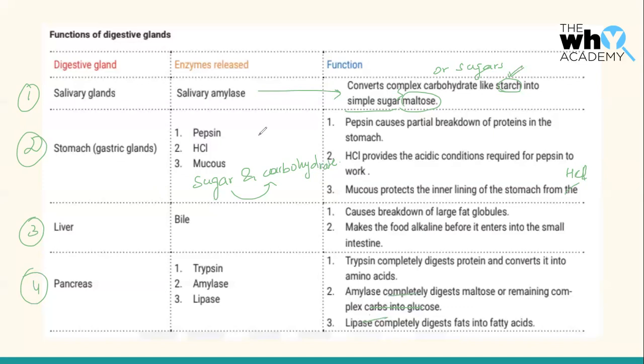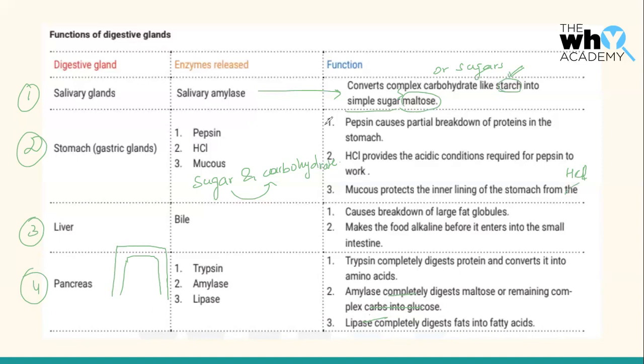Ma'am, what are the functions of the three parts of the small intestine? Why are they divided into three parts? They are divided into three parts mainly because of the different digestion happening there. I'm just drawing a rectangle here.